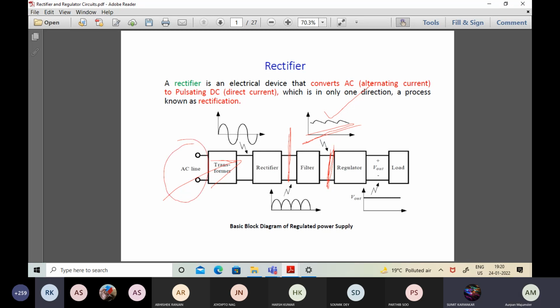The point is that if you have a variation of the input voltage at the input of the regulator, it will definitely affect, but not too much, the output regulated DC voltage that we wish to develop. Similarly, if we vary the value of the load resistor over here, that will also not affect the level of the output DC voltage.